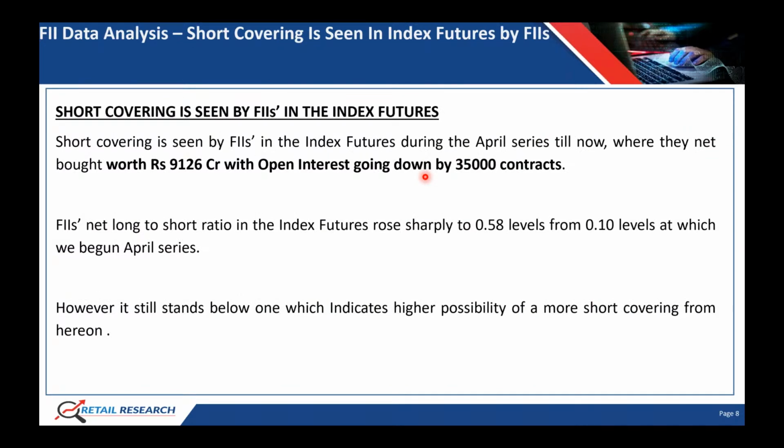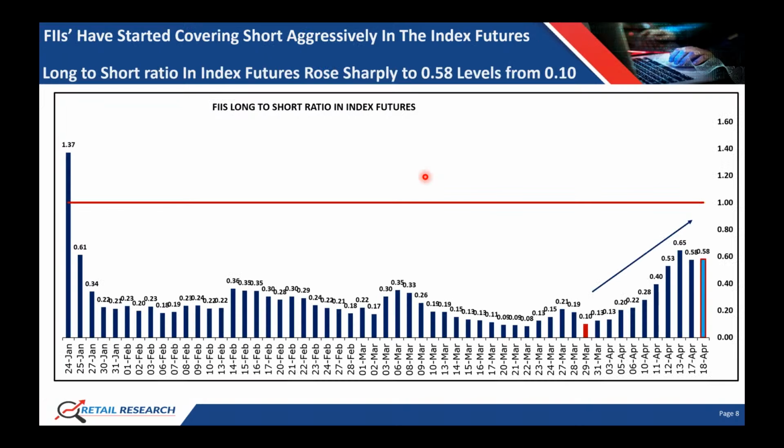So what are FIIs up to? If you remember, I did highlight that the FIIs were quite short and had to cover their positions. From an extremely short position at the beginning of the April series, they are gradually covering, and half of their short positions have been covered. Earlier it was almost 90% short position compared to 10% long position.